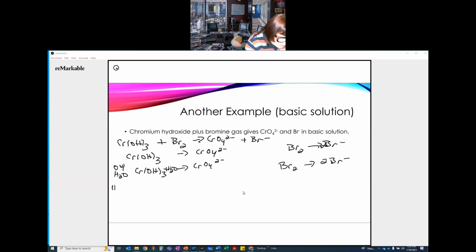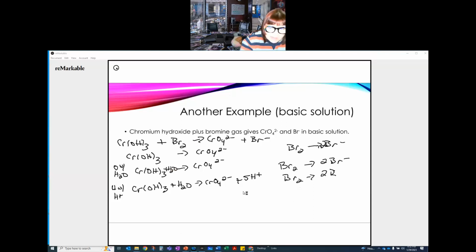Next, we're going to deal with our H with H plus. I have 3 H's from the chromium hydroxide, or 5 with the added water's hydrogens. I don't have any on my product side. So that's going to give me Cr(OH)3 plus H2O gives me CrO4 2 minus plus 5 H plus. And of course, I don't need to worry about the Br2.